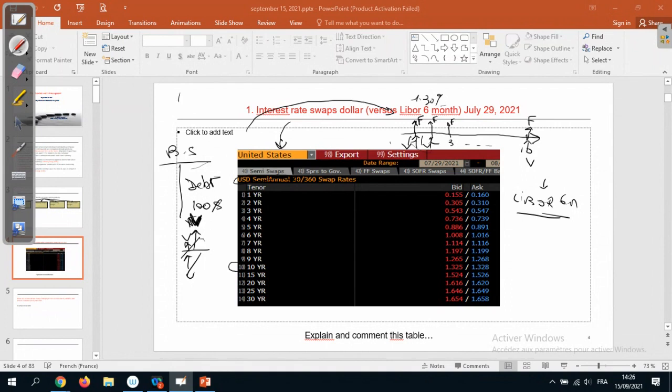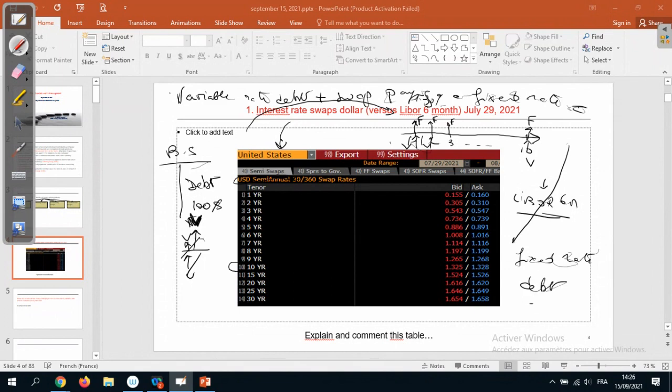That means that a variable rate debt plus a swap paying a fixed rate equals what? Equals a fixed rate debt. So if you are in debt on a variable basis and you make a swap paying fixed receiving variable, you are immediately in debt on a fixed rate basis.